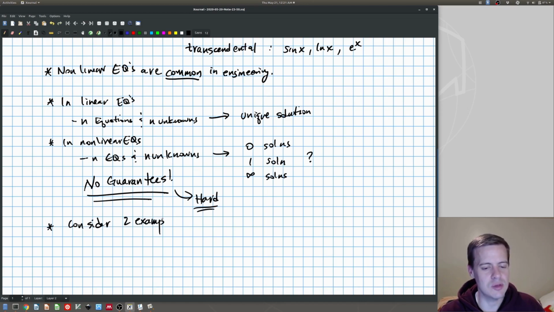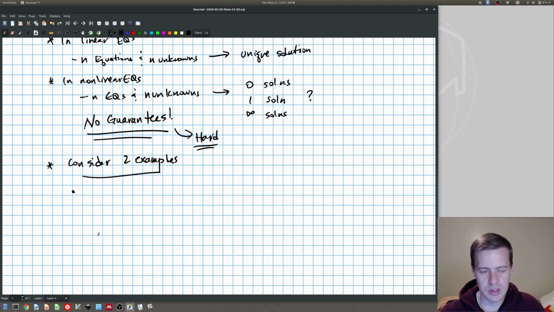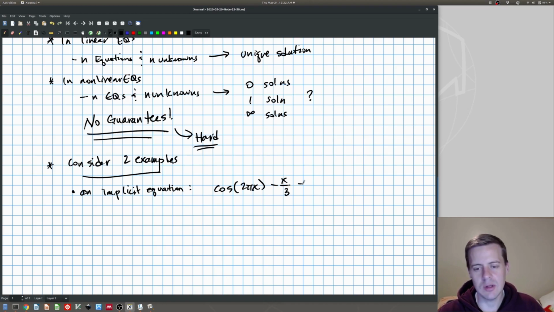to illustrate this point. The first one is an example of a kind of nonlinear equation that we'll see all the time, an implicit equation. An implicit equation is something like this: cosine of 2 pi x minus x over 3 equals 0.